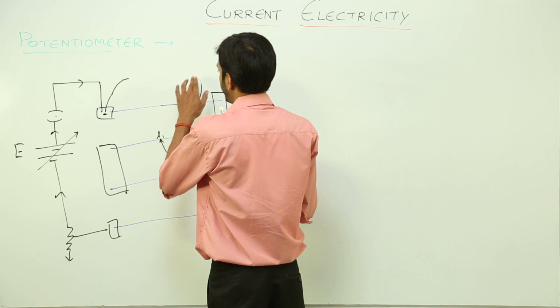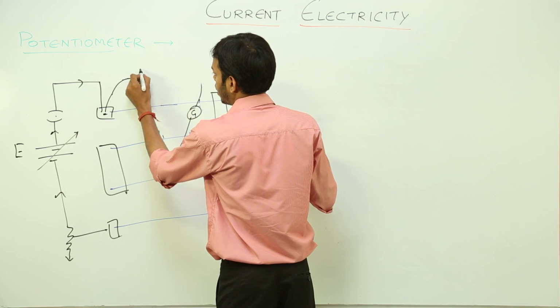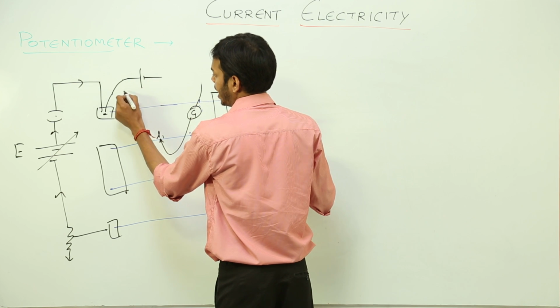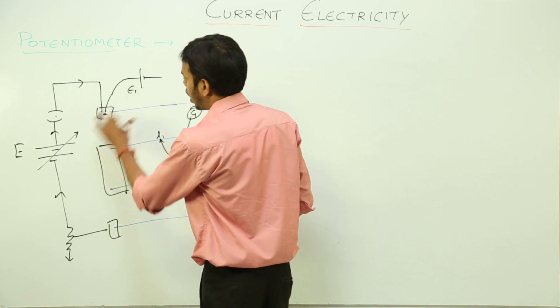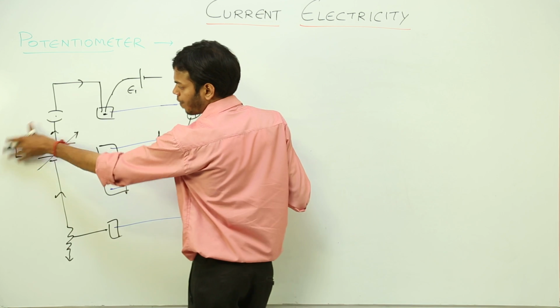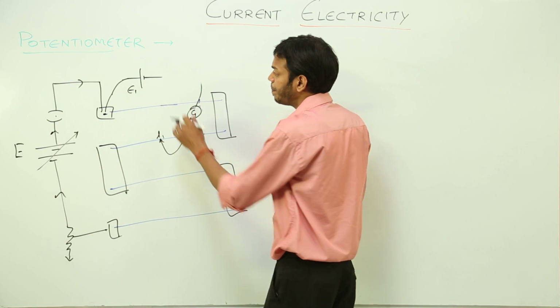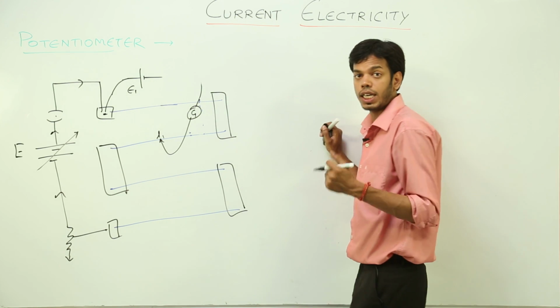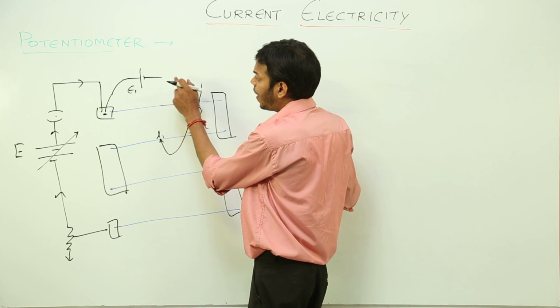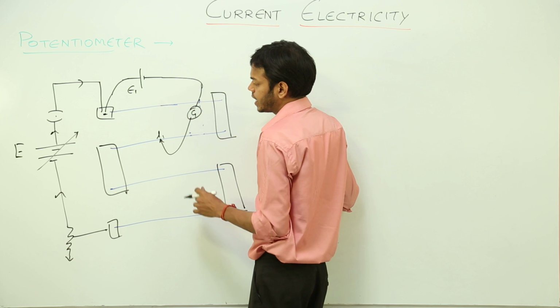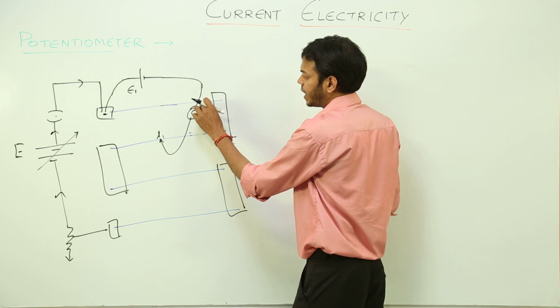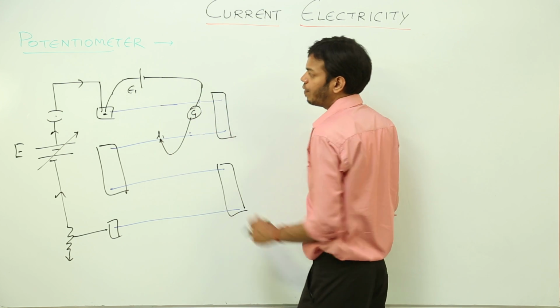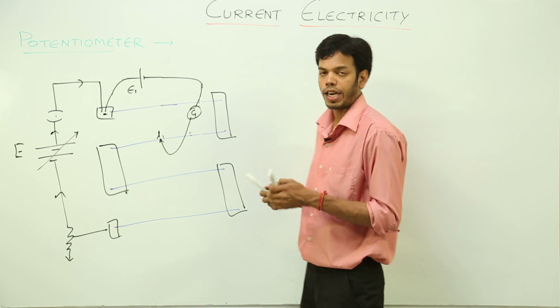So here we have a cell having EMF E1, because I am not using the term E because E I have already stated for the driver cell. I have a cell E1 for which I have to obtain the value of internal resistance. If I connect this cell right away like this and the balance point is obtained across L1, what am I getting right now?